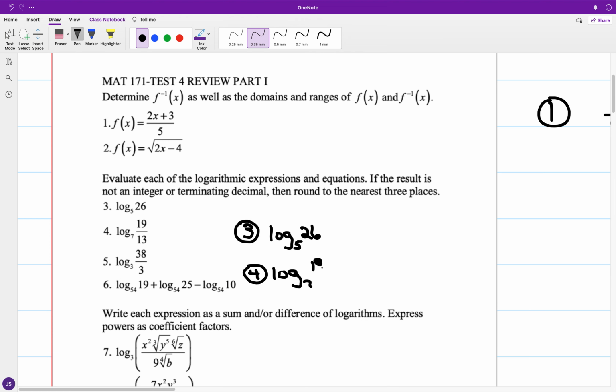You have the base 7 logarithm of 19 over 13. And we have the base 3 logarithm of 38 thirds.